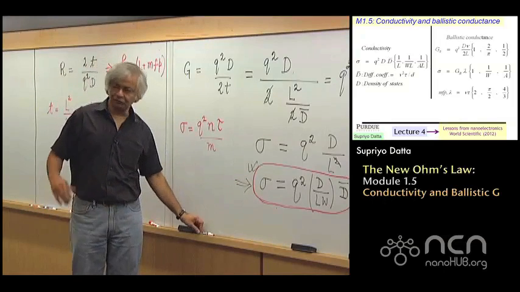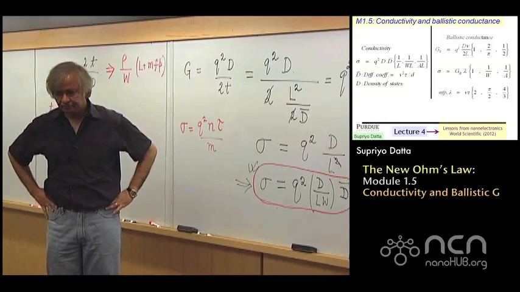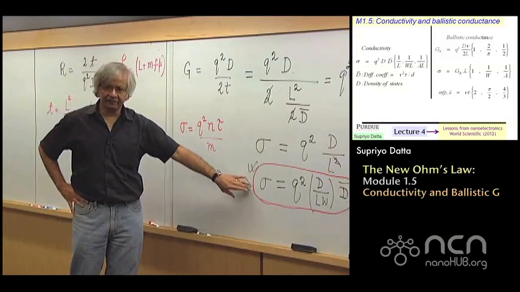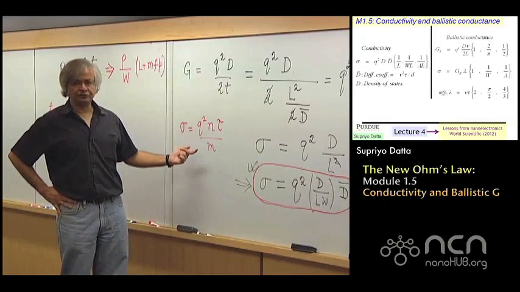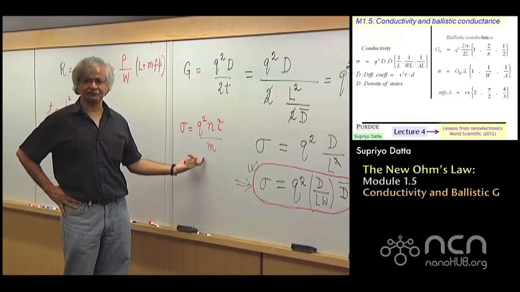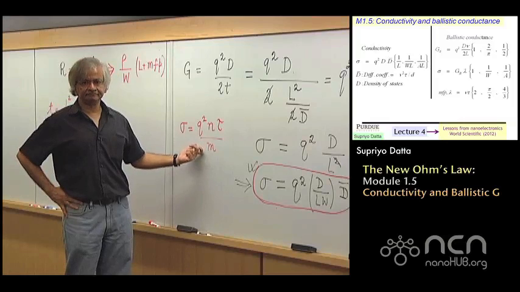And the reason is, if you take a standard text in solid state physics, you will see both formulas, the Drude formula and the one we just obtained. It's just that if you take Ashcroft and Mermin, a standard solid-state physics text, this one is in chapter 1.